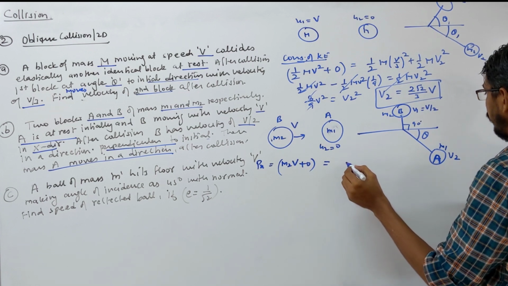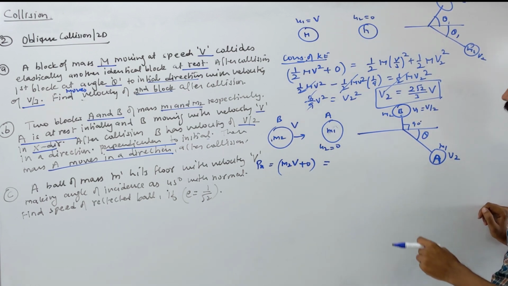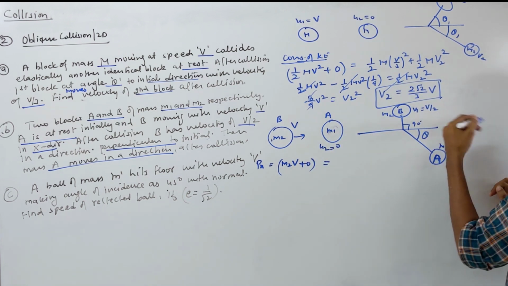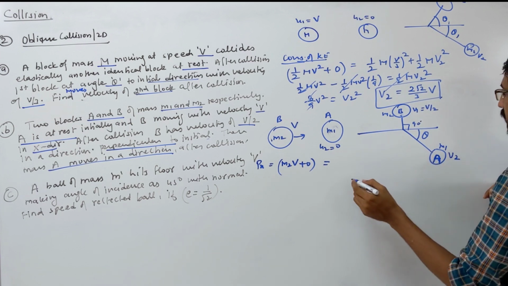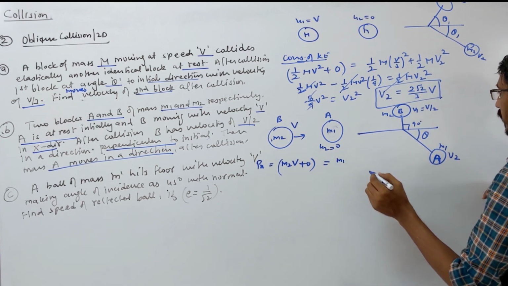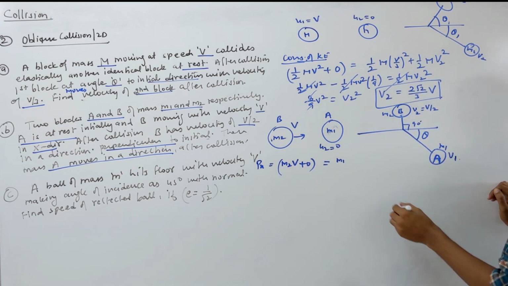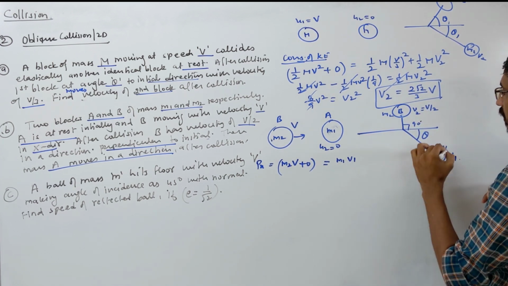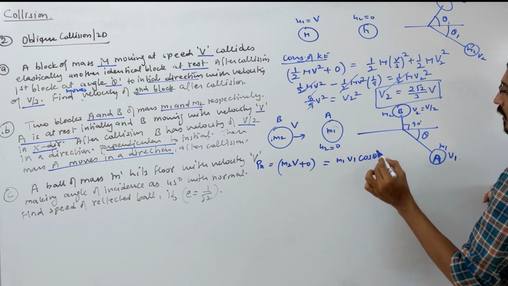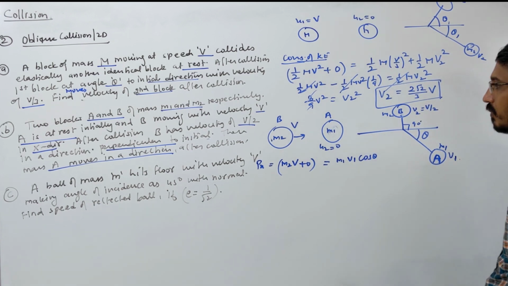Let's call the mass m1, and this velocity v1, it doesn't matter. So m1 v1 cos theta, equation 1.